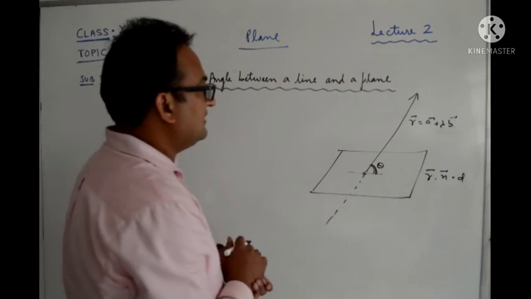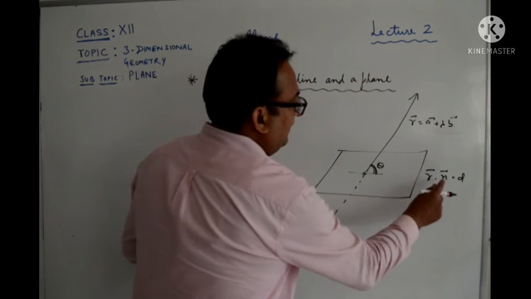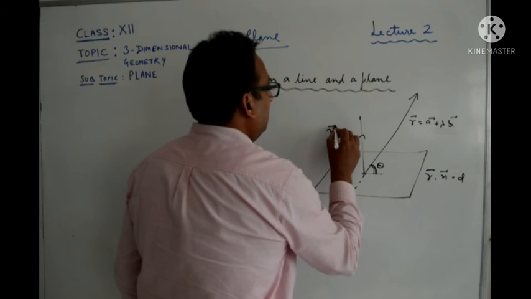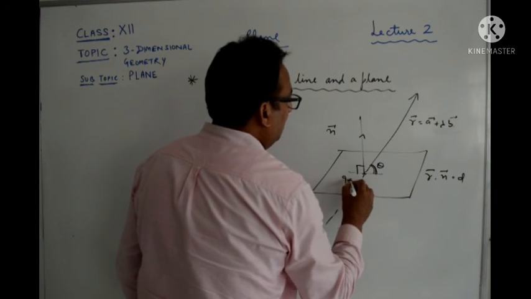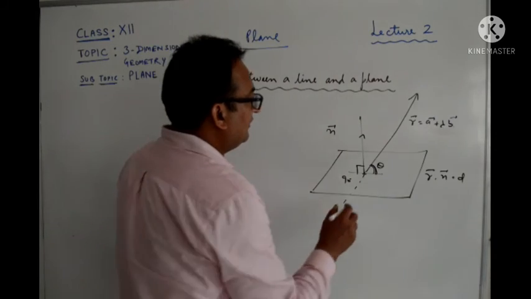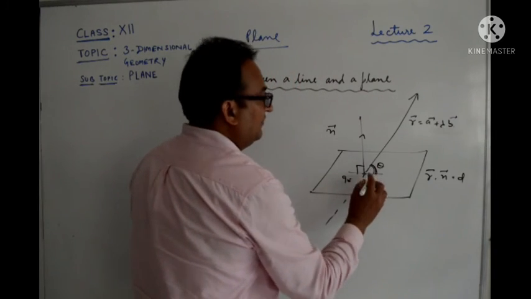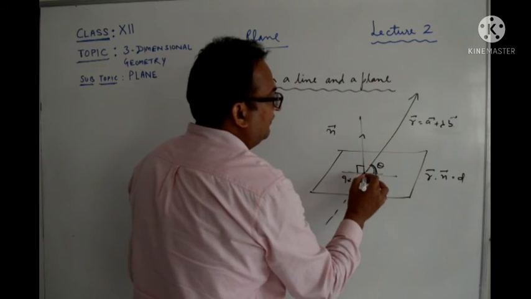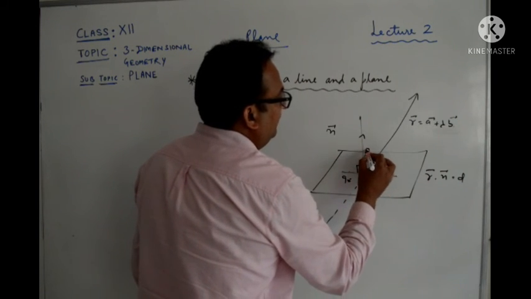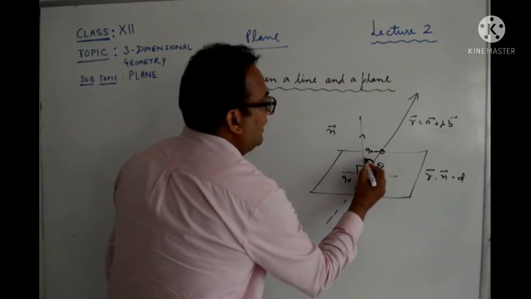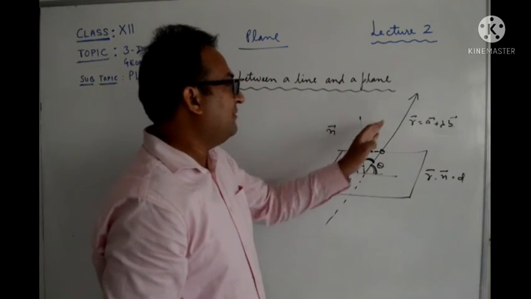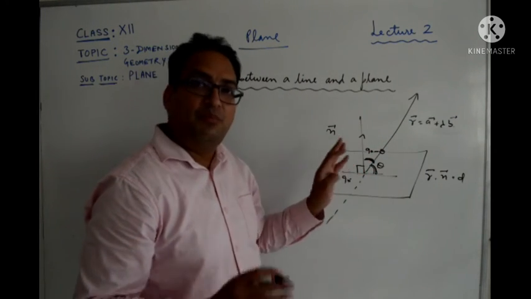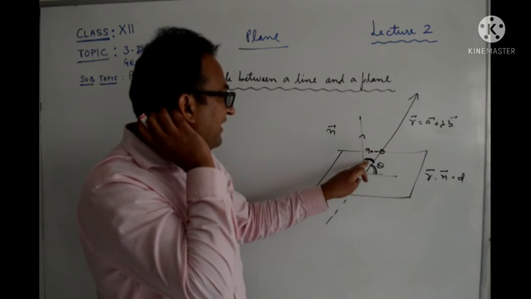As you know, the normal vector n is perpendicular to the plane, and the line is making angle theta with this plane. Since n is the perpendicular vector, this angle will be 90 minus theta. The angle which the normal makes with the line and the angle which the line makes with the plane are complementary angles. So we can easily find this angle.